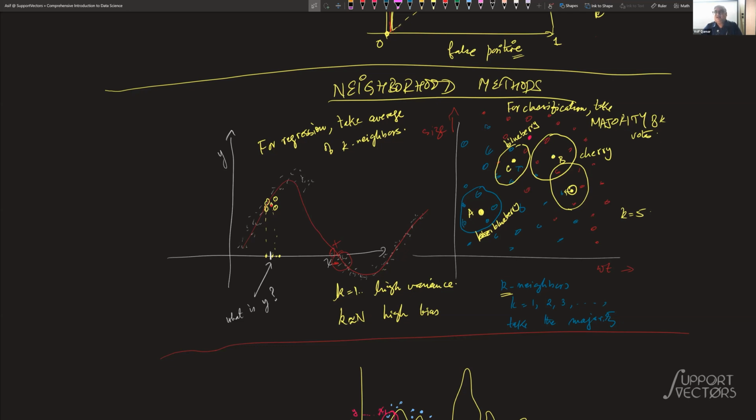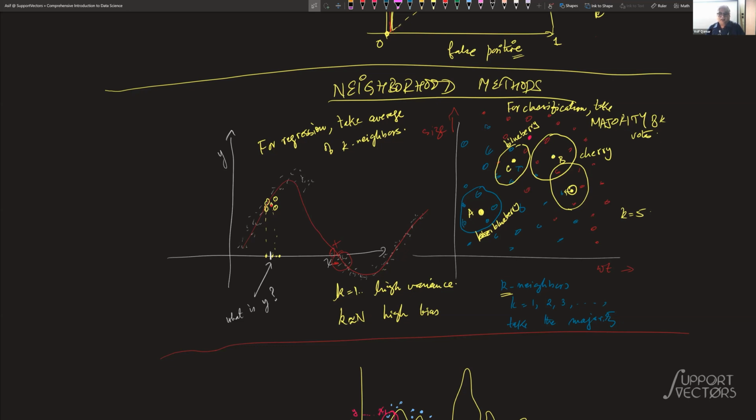So k equal to 1 represents, in the bias variance trade-off, a situation of high variance, because it varies a lot depending on which sample points you happen to have taken. On the other hand, when k is very high, for example, asymptotically the number of data points itself, in the case of regression, it essentially amounts to the null hypothesis.